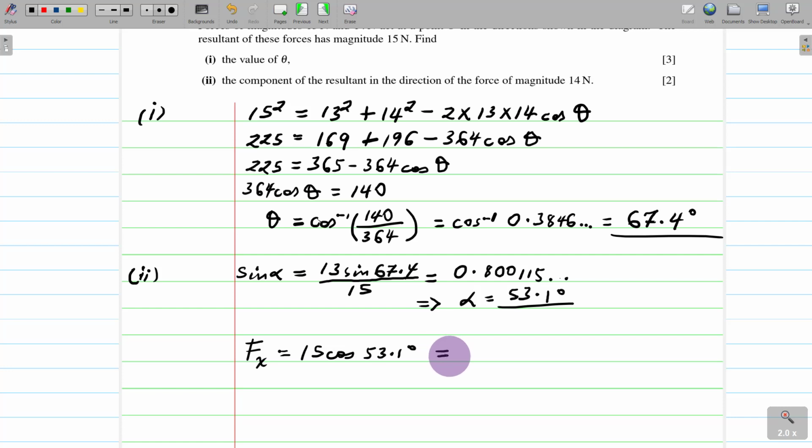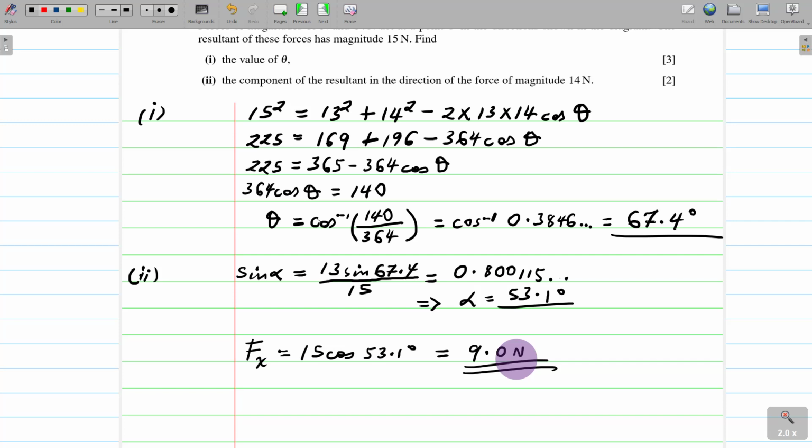And that will give us 9.0 newtons. I can keep my answer to one decimal place, and it will be 9.0 newtons. And we can just say it is 9 newtons.